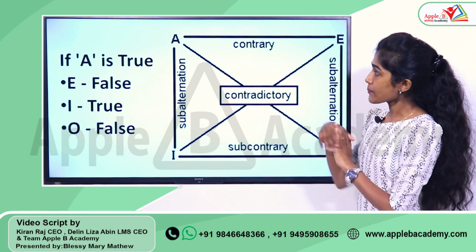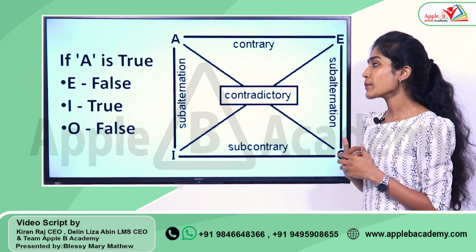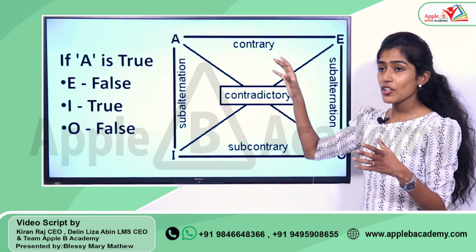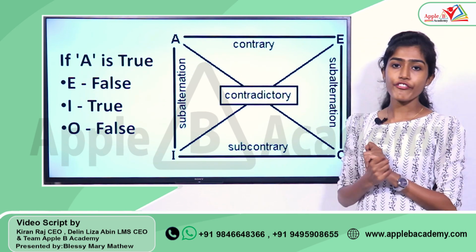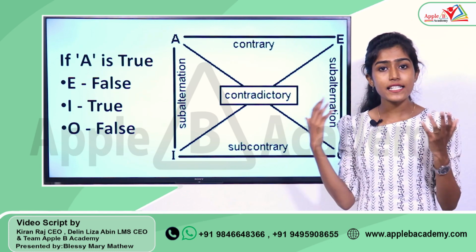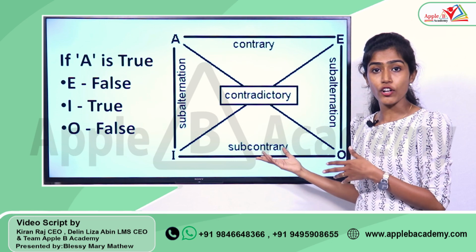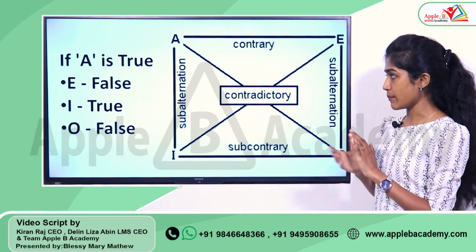If you consider A, that is universal affirmative, then what will be the condition of O? That is the first thing we can identify, right? Because they are contradictory. So if A is true, then O is false. Why is this relationship such that if one is true, the other is false? Because they are contradictory. So if A is true, obviously O will be false.